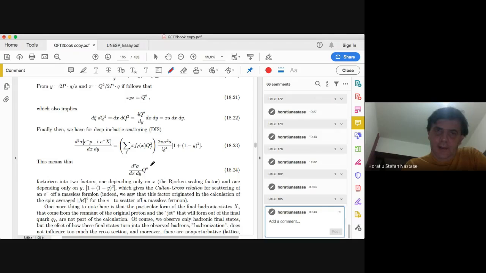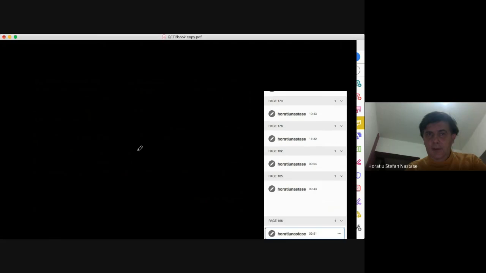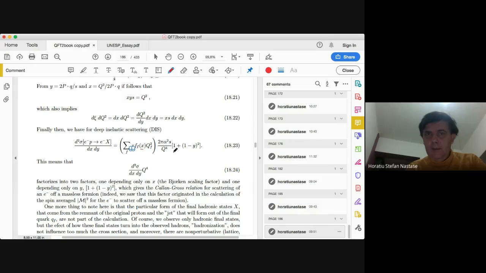So then another way of parameterizing this deep inelastic scattering is that the second derivative of σ with respect to x and y times capital Q to the fourth factorizes in two parts, one that depends only on x, here and here, and one that depends only on y.